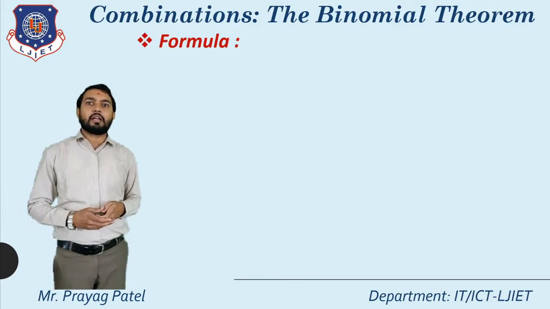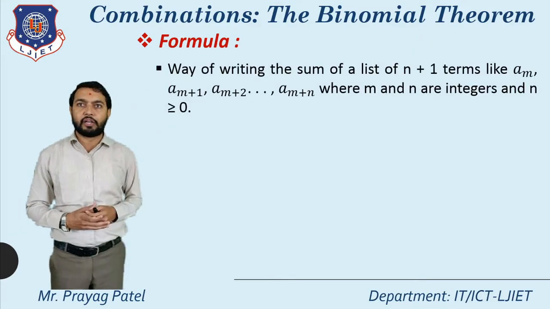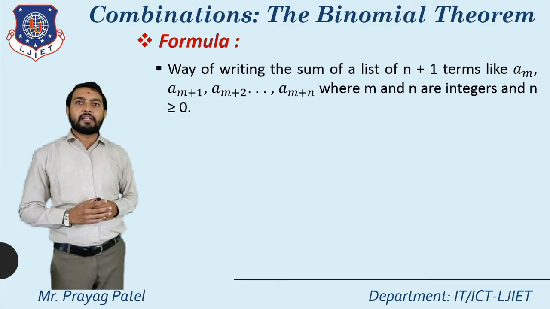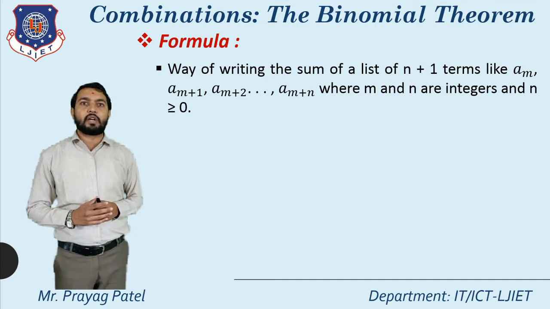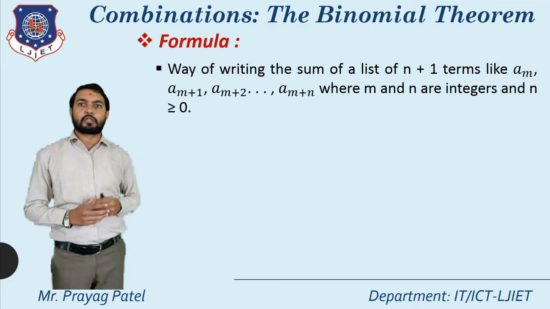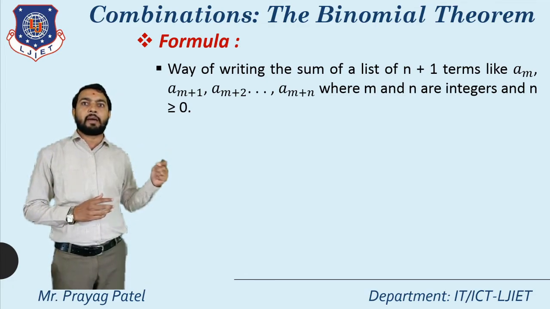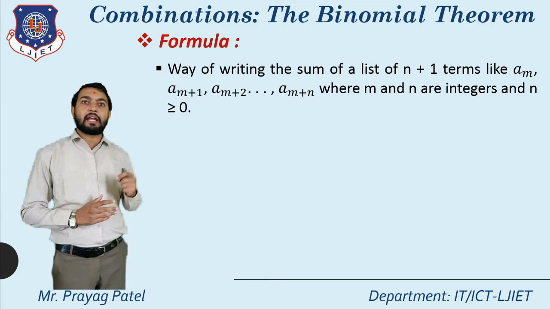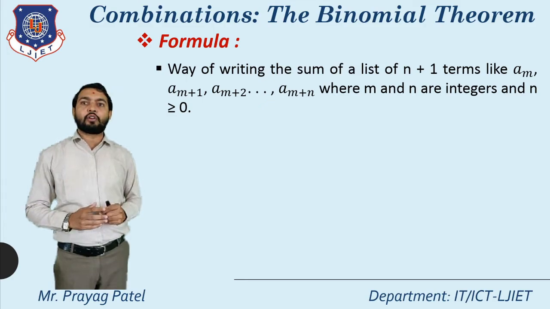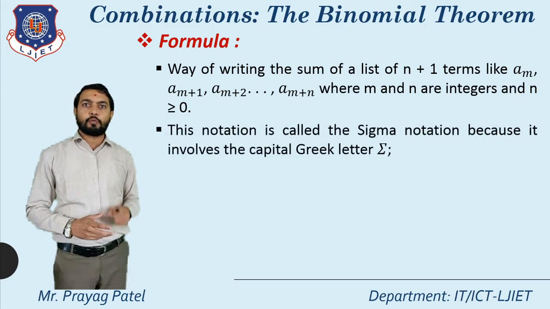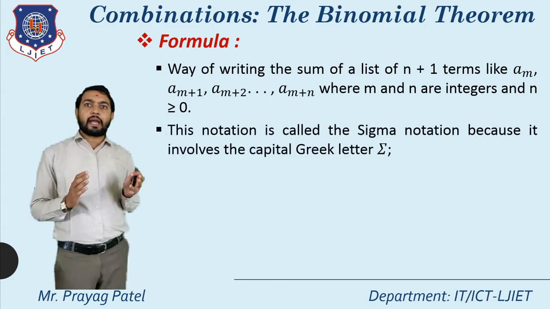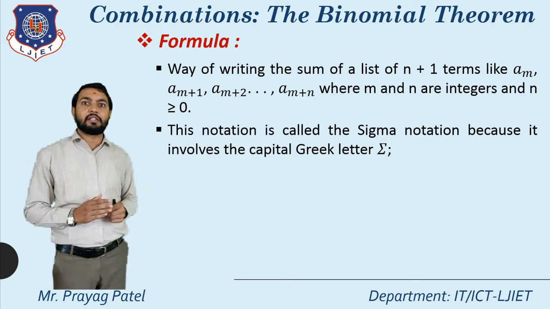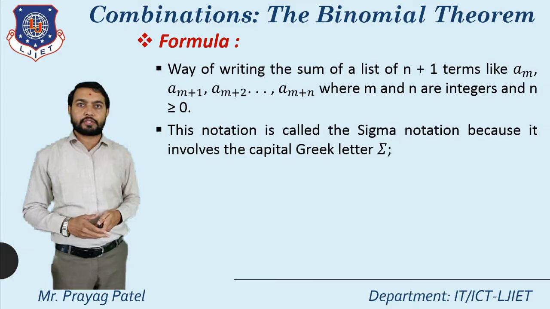Now some formulas are used for the binomial theorem. Understand the formula as a way of writing the sum of a list of n plus 1 terms, a of m, a of m plus 1, a of m plus 2, up to a of m plus n, where m and n are integers and n is greater than or equal to 0. For that we can use summation, that is, we represent this using sigma notation.